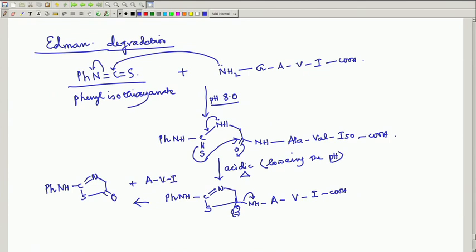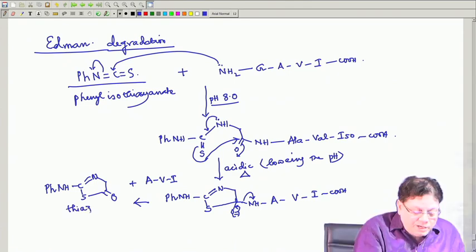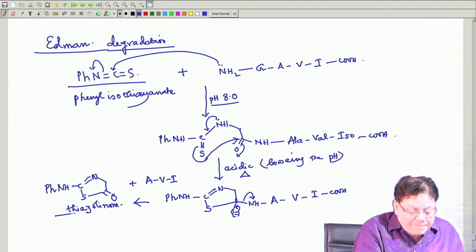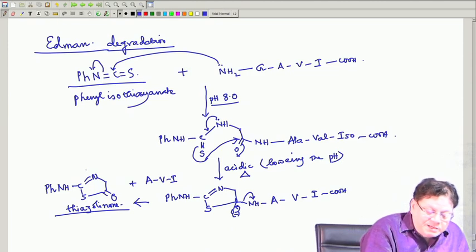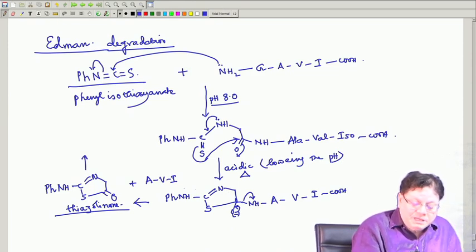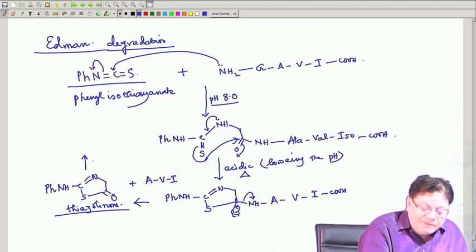Okay. Now, this is what is called thiazolinone derivative. Okay. But this is not very stable. Now, it rearranges on further heating under the acidic condition.